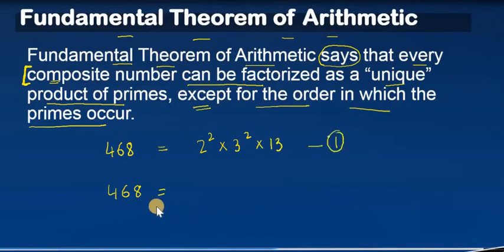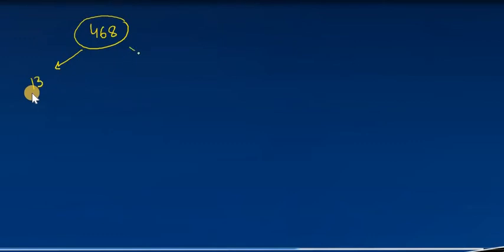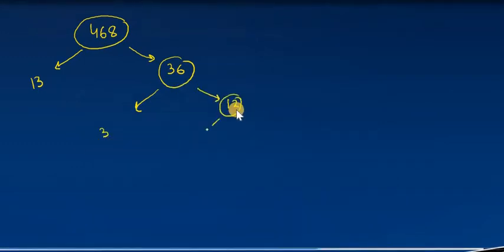Now let's go for the prime factorization of 468 in a different way. Instead of beginning division by 2, let's divide it by 13. So we will get 36. Now if you divide 36 again, you can divide it by 2 also, you can divide it by 3 also. So let's divide it by 3. So you are getting 12.